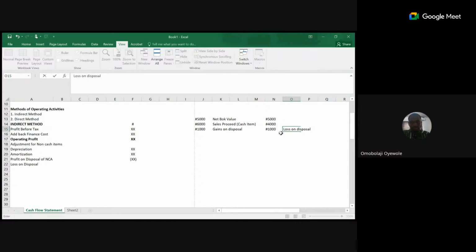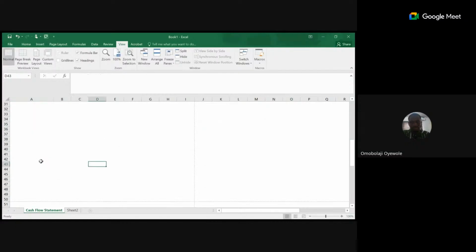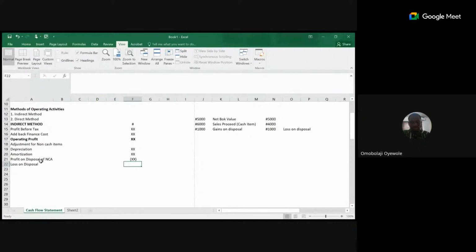Because it is treated as an expense, it would have been used to reduce the profit. So what we are going to do is add it back, which eliminates the effect of the non-cash item.